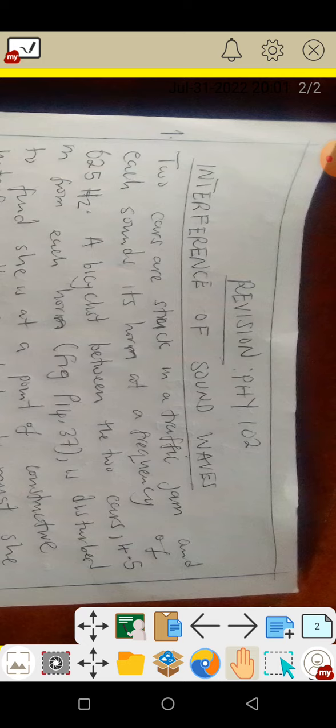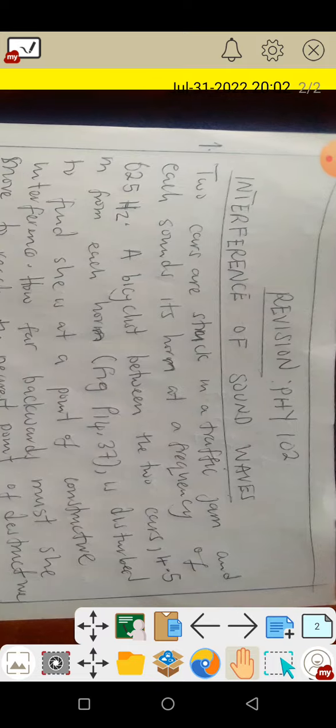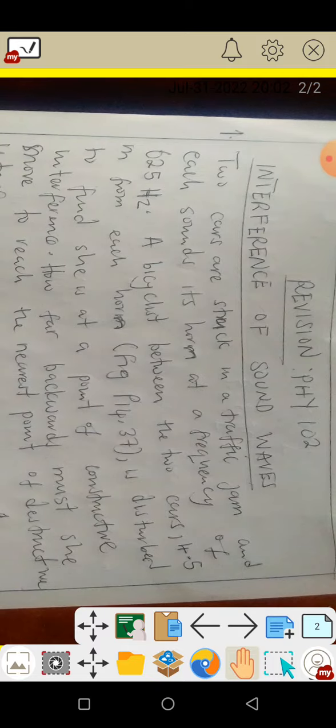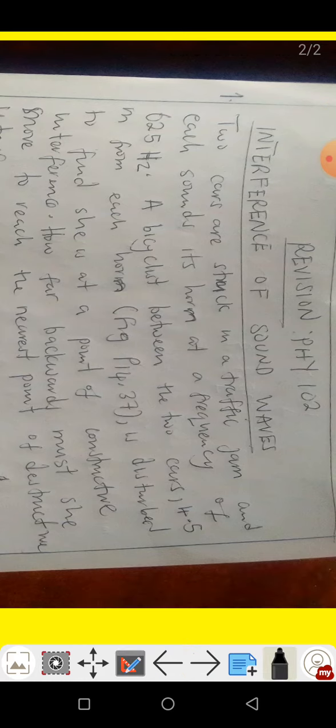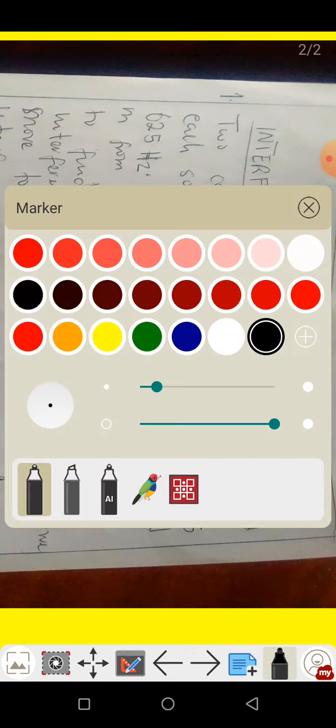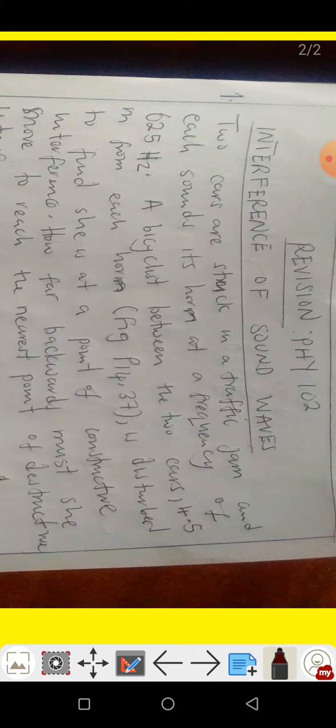A bicyclist between the two cars, 4.5 meters from each horn, as shown in figure P14.37, is disturbed to find she is at a point of constructive interference.